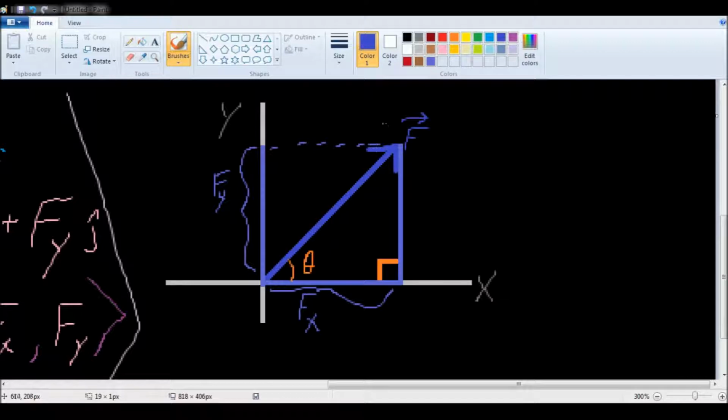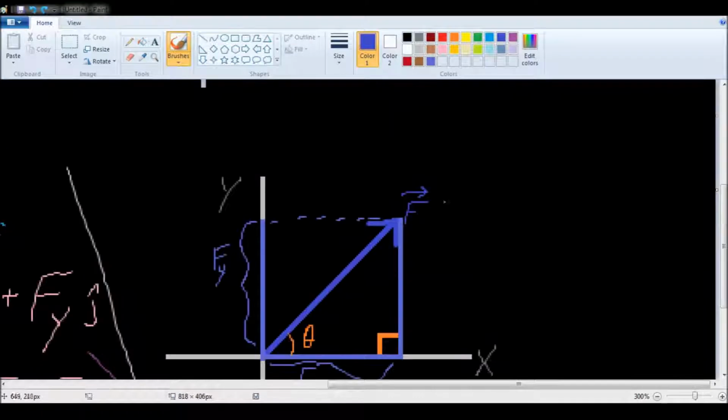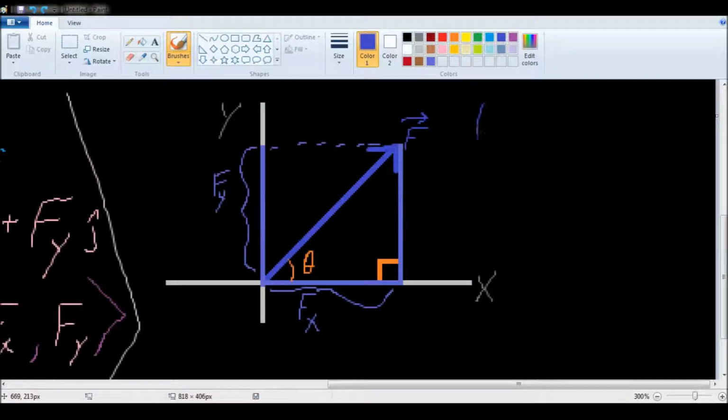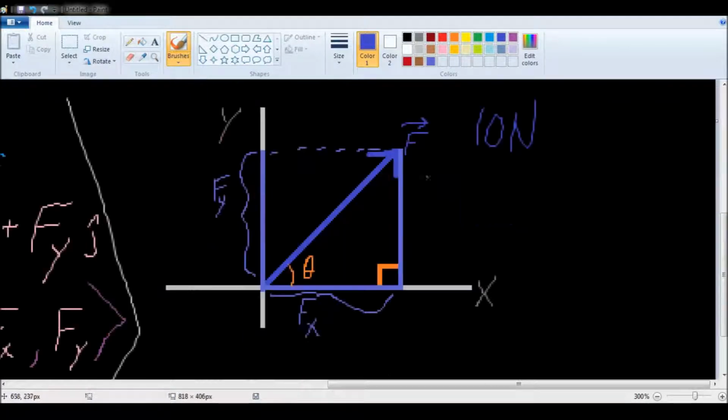As I said earlier, this vector right here comes with both a direction, which can be defined by an angle, and a magnitude, which is defined by the total length. So this total length here is going to be the absolute value of this vector F, our magnitude. Typically, if you're given a force, they'll say it's a force of 10 newtons, not to be confused with N up here.